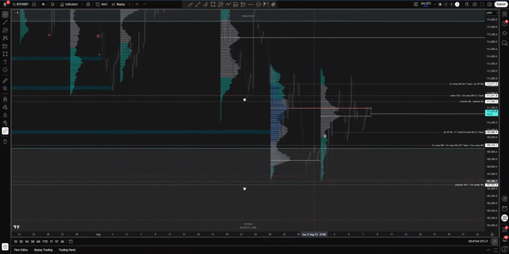Okay, so I just noticed this as well. So we can see here during the 25th to 31 of August distribution, it created a B shape profile here with the POC below.